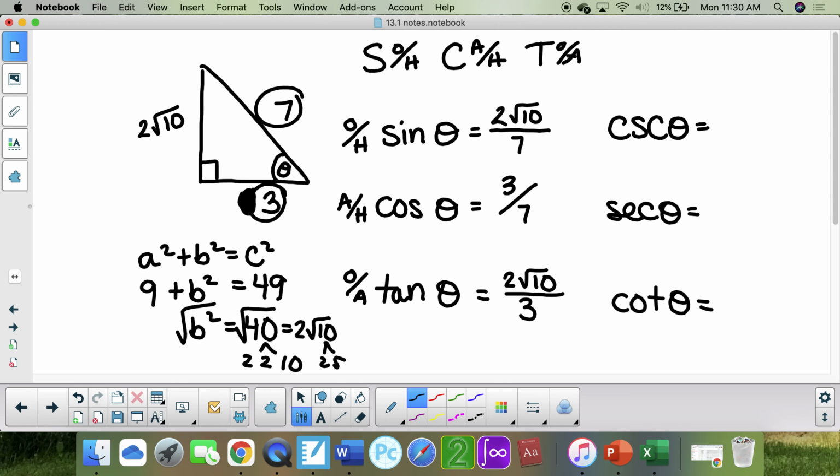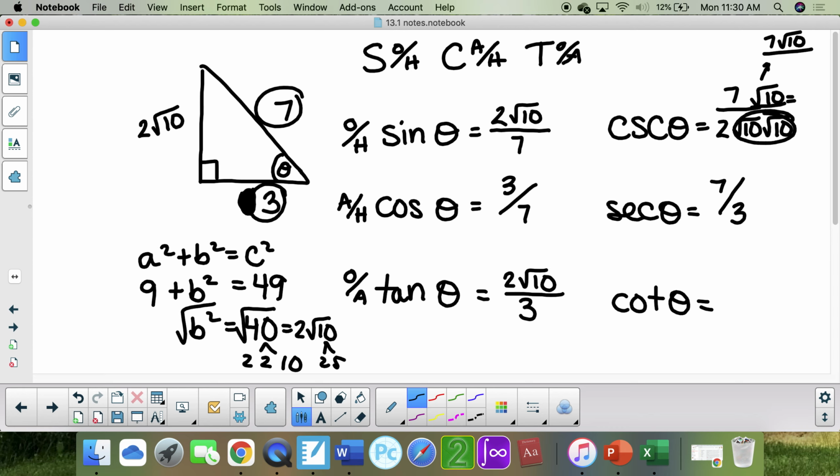I'm going to do the middle one first, which is the easiest one. Just flip it. And now I'm going to do these two. It's going to be 7 over 2 root 10. But you can't leave a radical in the denominator, so I have to multiply the top and the bottom by root 10, which is going to give me 7 root 10 on the top.